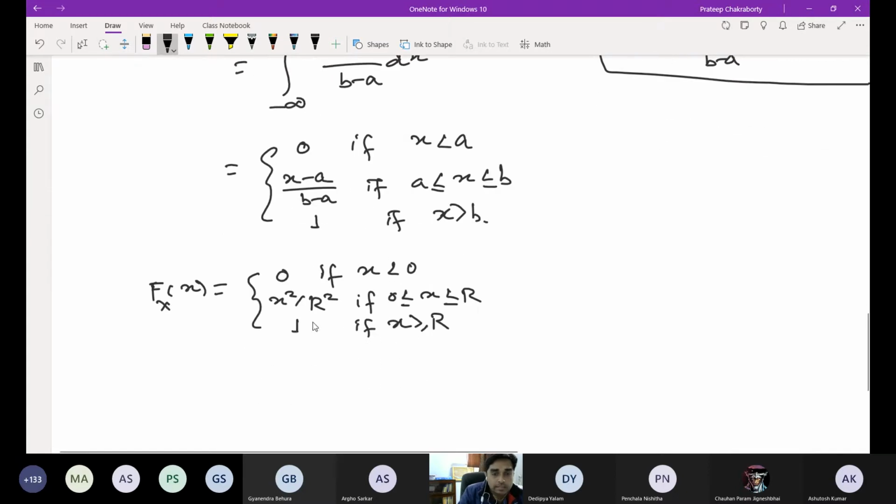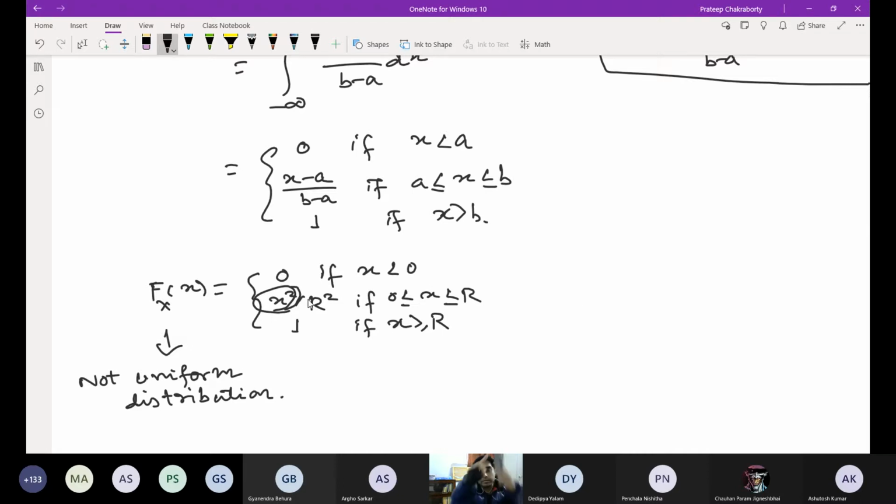Since the x squared is there, this is not a uniform density. You remember what this is: there is a disk of radius r, and you are picking a point randomly from that disk. So that has this distribution function.